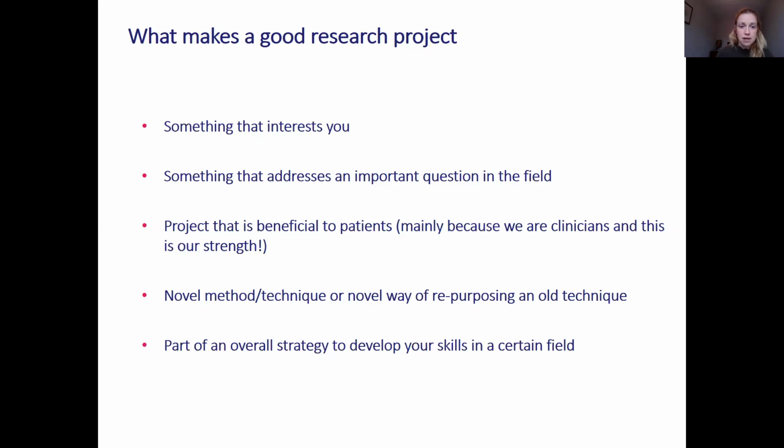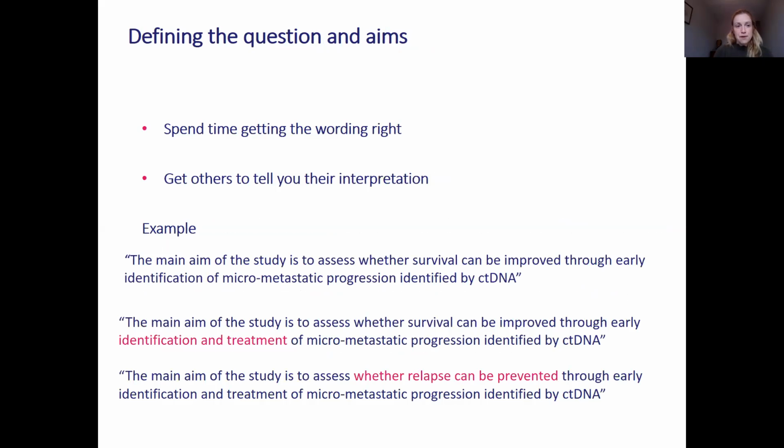And so moving on to how to define questions and aims, and I think this is really important because it really is what your whole project stems from. If you get the wording right, and make sure that the question is exactly what you intend it to be, then a lot of things will follow on from that, and the aims as well.